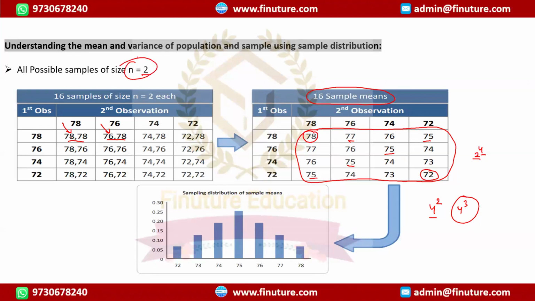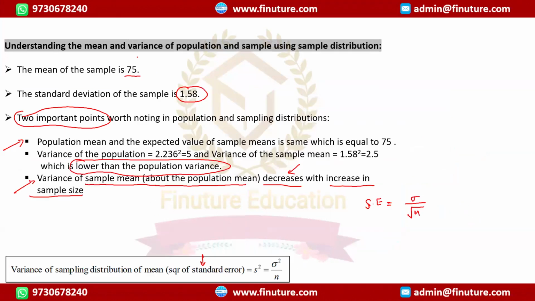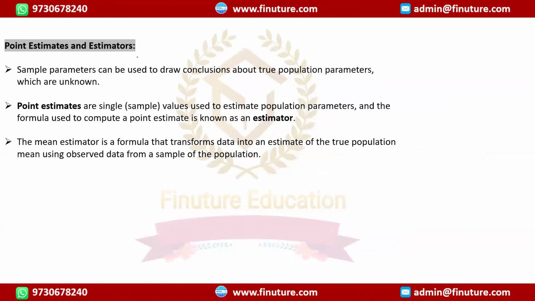Okay, so let's move ahead. These are just point estimates and point estimators. Sample parameters can be used to draw conclusions about true population parameters. When I say population parameters, I'm referring to mean and variance. If they are not known, you can draw conclusions using the sample parameters.